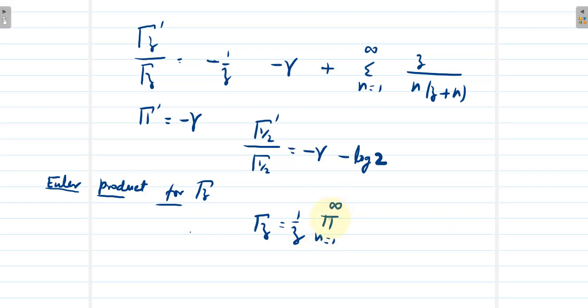It is also an infinite product, and in the bracket we have 1 plus 1 upon n to the power z, 1 plus z upon n to the power minus 1. So this is another very important result that you should try, and this is the well-known Euler product formula for gamma z.